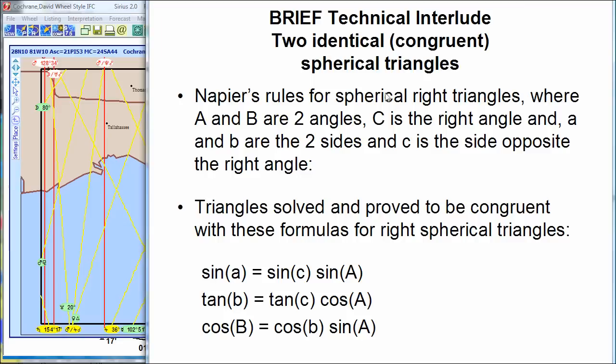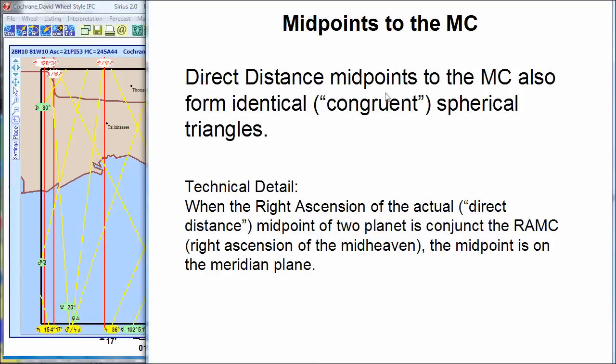Anyway, we're astrologers. We don't want to be bothered with all those numbers, but I just thought I'd let you know. What's really relevant to us as astrologers is that we can come up with an idea of how to get midpoints to the ascendant. If you do them to the meridian axis, you'll also get congruent triangles.